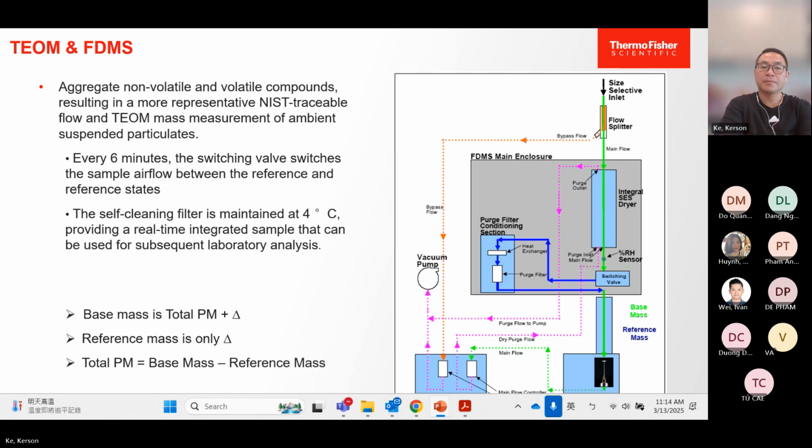Okay. But another important thing is about the algorithm, because we use a 60 minute rolling average. So we can see the updated data every 6 minutes. It means for the 6 minute duration, minute 1, 2, 3, 4, 5, 6, the amount should be the same. So it's just data output.